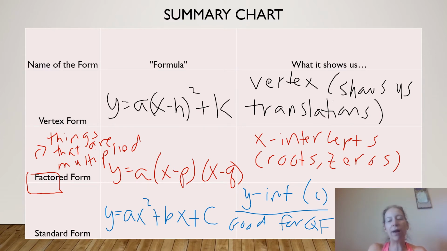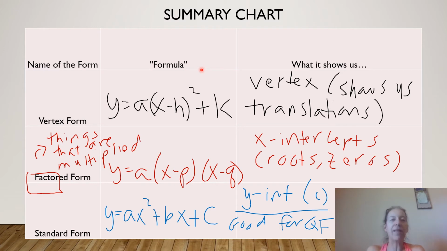So it's good for the quadratic formula. If you need to solve a quadratic equation and you have it in one of the other forms here, you need to get it into this form before you can use the quadratic formula. And you can switch between forms.